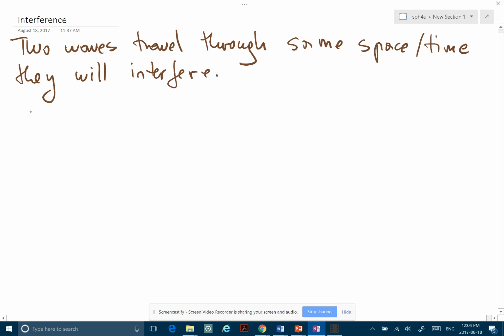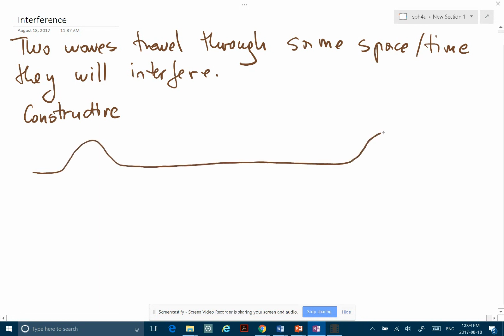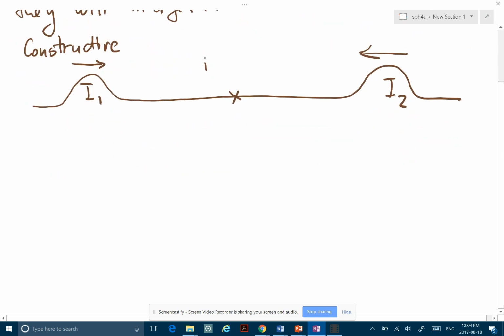And we had two types of interference. If you remember, we had constructive, when the two waves were in phase with each other. So this is incoming 1, this is incoming 2, and remember, these are in phase, both upright.